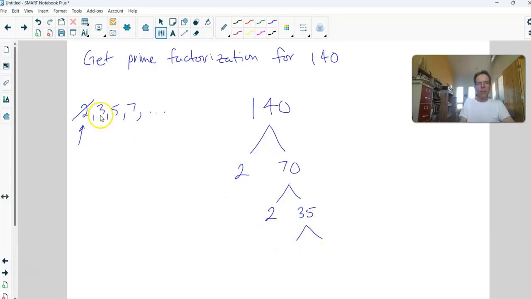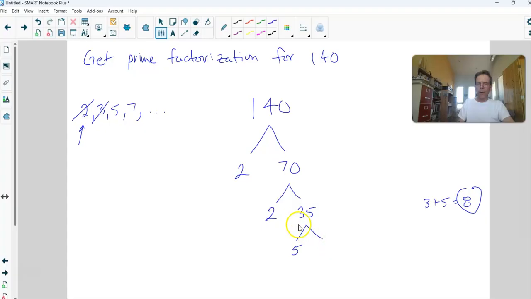What's the next prime that'll divide in? Does 3 go into 35? We'll see the divisibility rule for 3 is if you add the digits and that sum is divisible by 3, then the big number is divisible by 3. But 3 doesn't go into 8, so 3 isn't going to work. How about 5? Definitely.